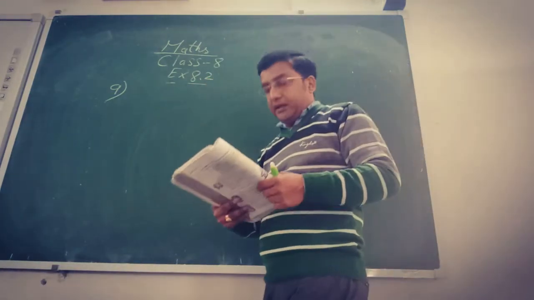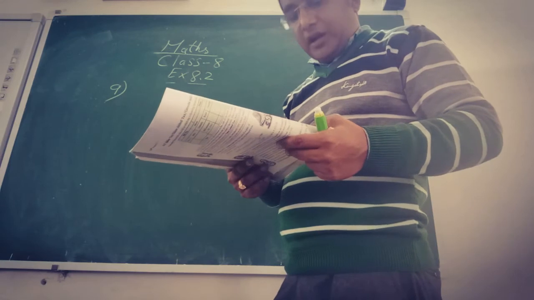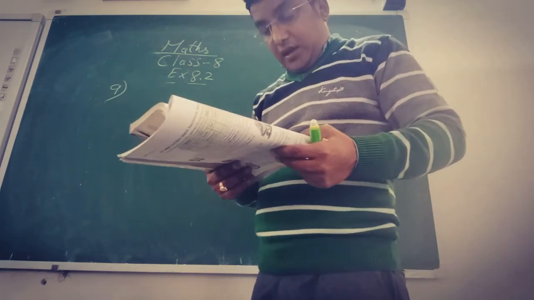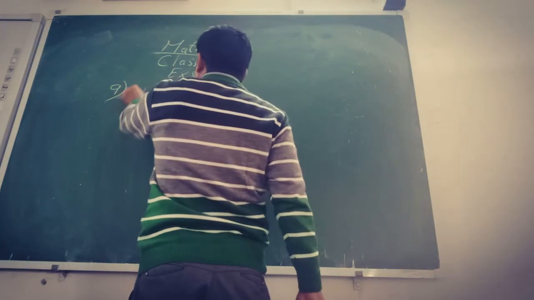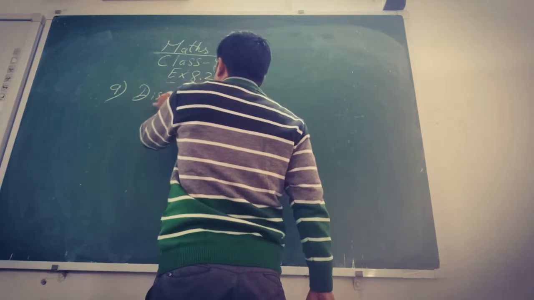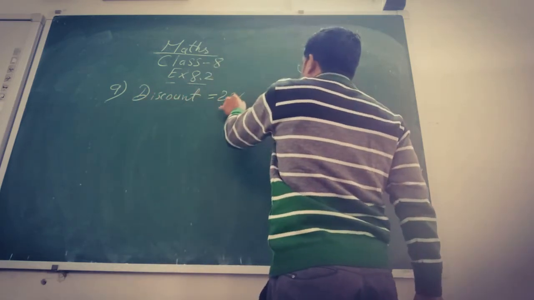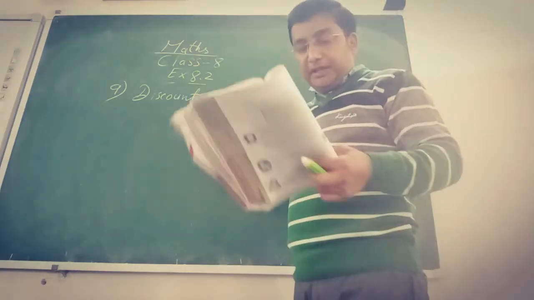Now question number 9. In question number 9 it is given that Arun bought a pair of skates at a sale where the discount given was 20%. The discount on the skate is 20%. Alright, but still the statement is incomplete.